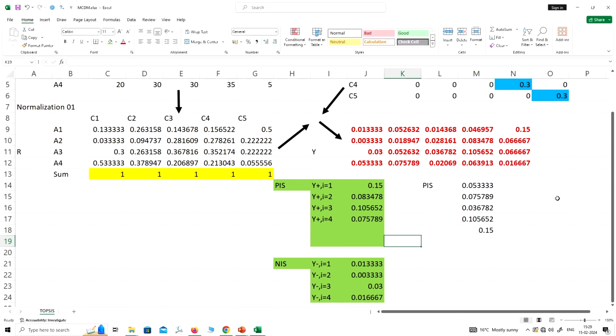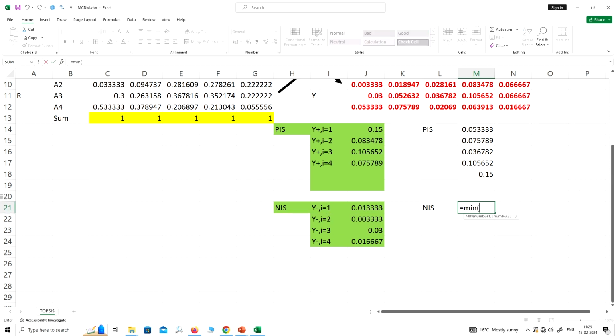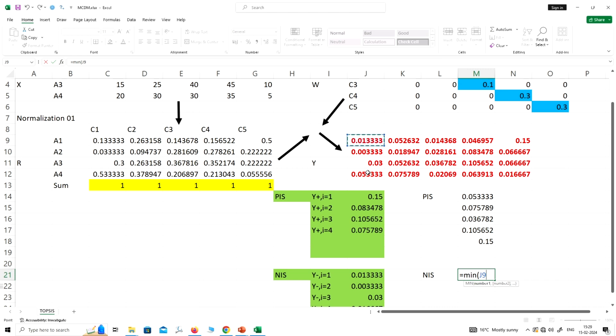So, similarly, if I have the NIS based on interchange of the rows and columns, I would find out the minimum for the first value as I am going.